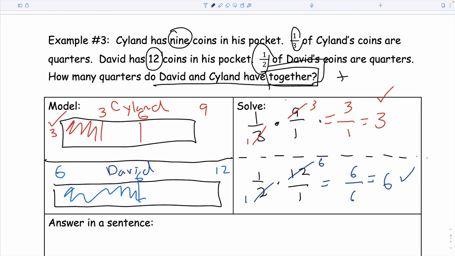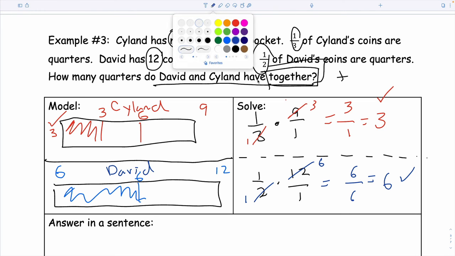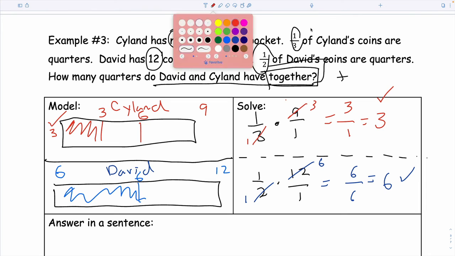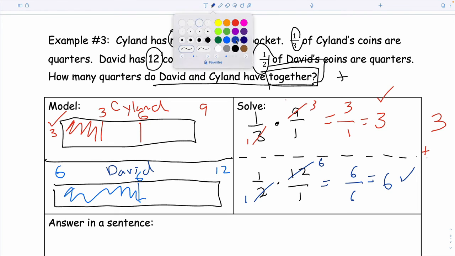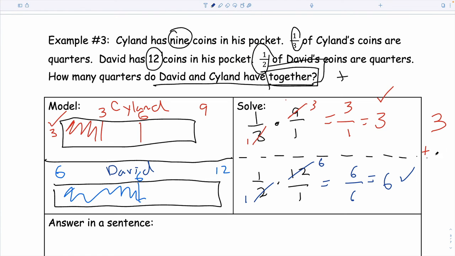So 3 is the amount Kylan has. 6 is the amount of quarters David has. How much do they have altogether? Colin, tell me what you did, then the answer. I added 3 plus 6. Because we're looking for all together, we're going to add them, and your total is 6 plus 3, or 9.